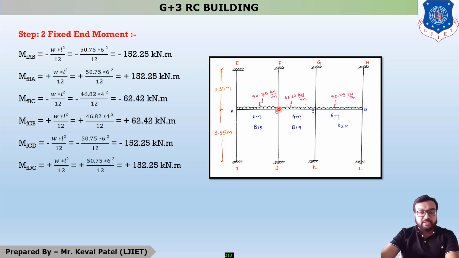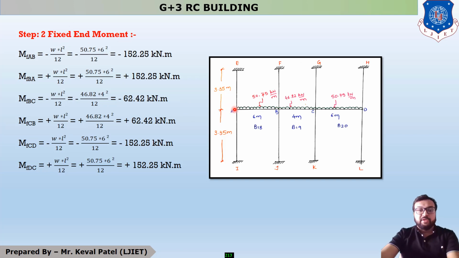This end is also fixed, because your beam column junction is always a fixed support if you do not give a release at that point. So all the beam column junctions are fixed supports, and when the support is fixed and it takes the UDL load, then the equation of fixed end moment is WL square by 12.